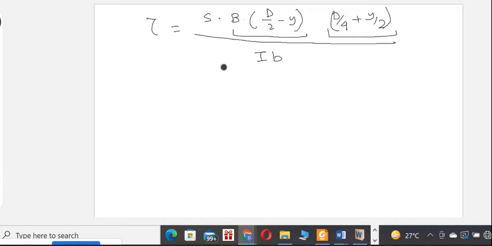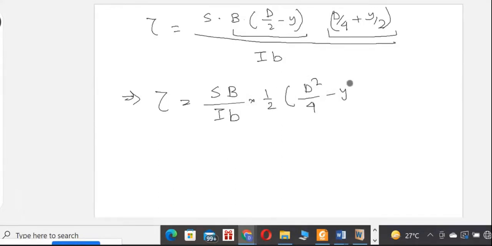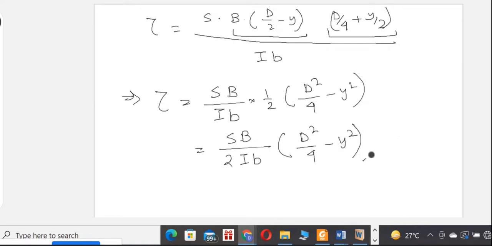Interestingly, SB by I small b into half of d square minus 4 y square is coming. So basically SB by 2IB into d square minus 4 y square. Okay, so here there are two b's.